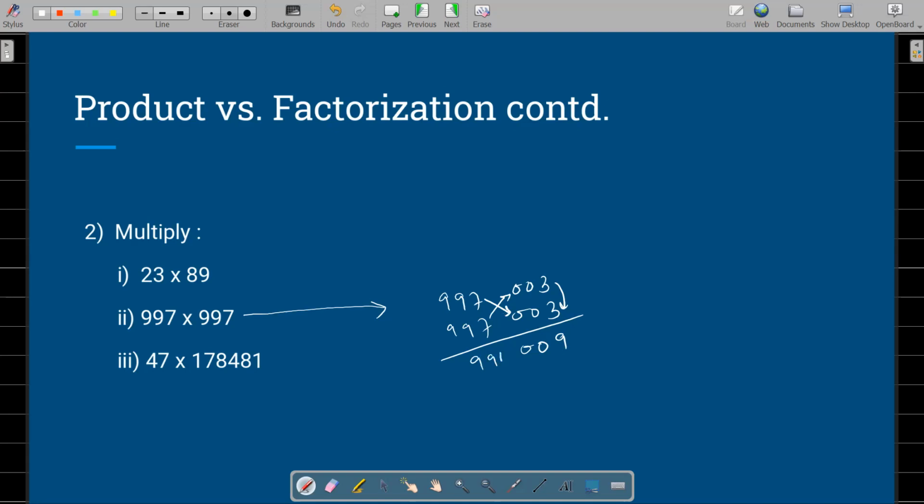Anyways, 9. Multiplication can be done in various ways, but multiplication is much more routine, so that will take very little time. For example, this is 2047.